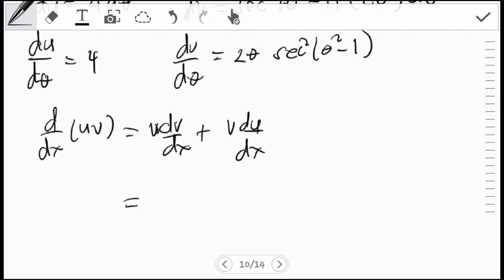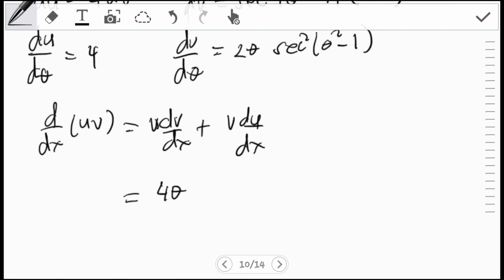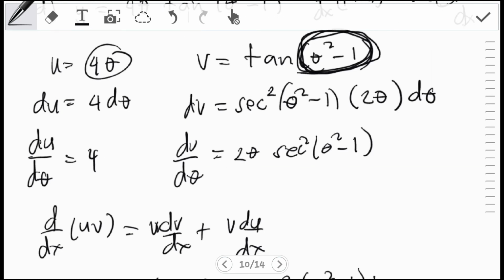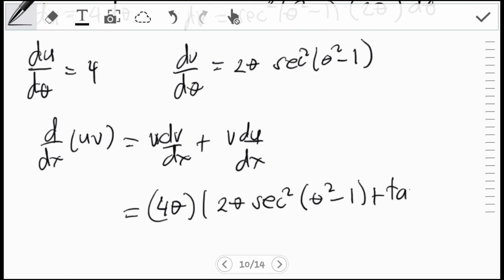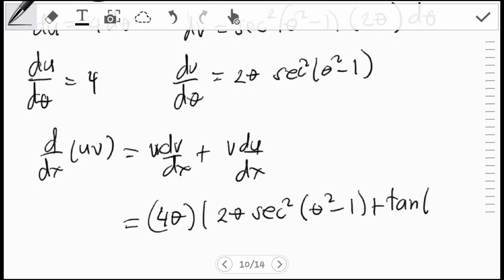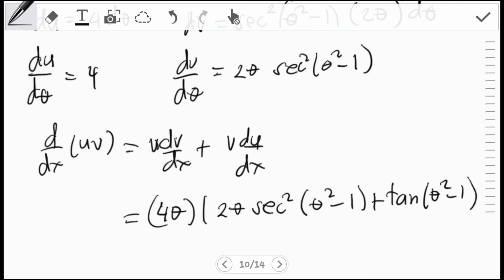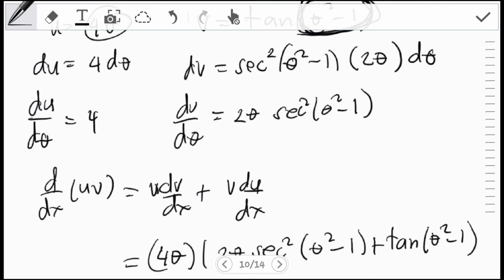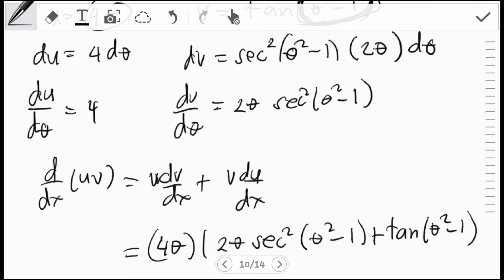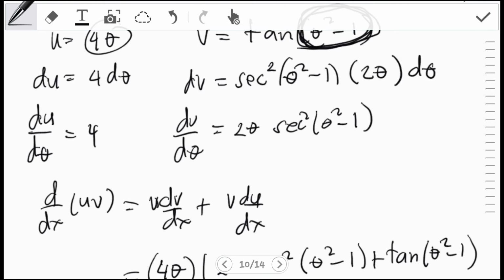So, where u here is 4 theta, and then dv over dx, that is 2 theta times the secant squared quantity of theta squared minus 1 plus where v here is tan quantity of theta squared minus 1. And then where du over dx, that is 4, or another call is du over d theta, that is 4.